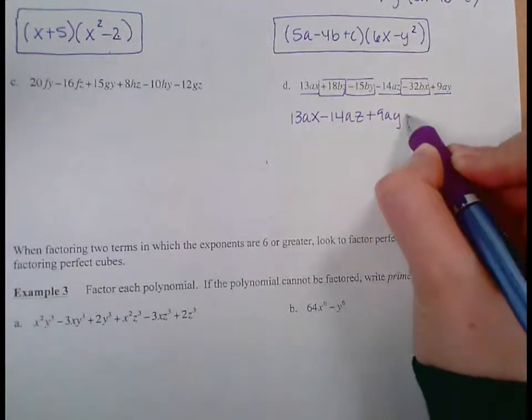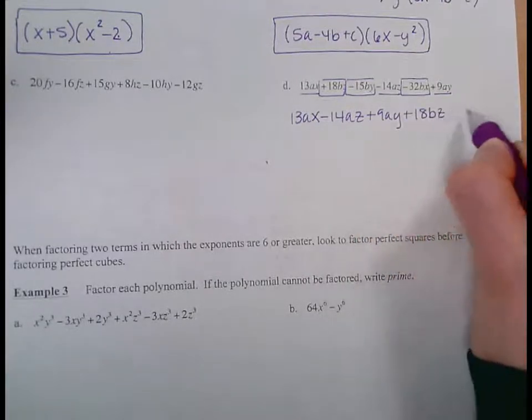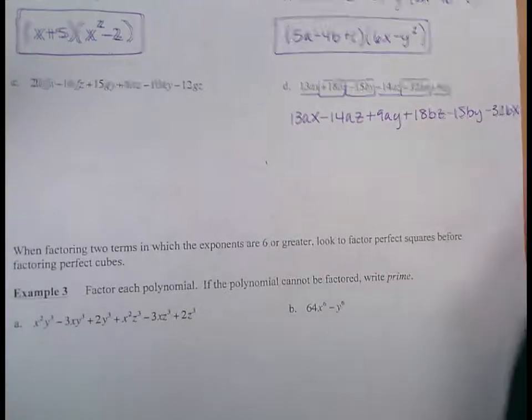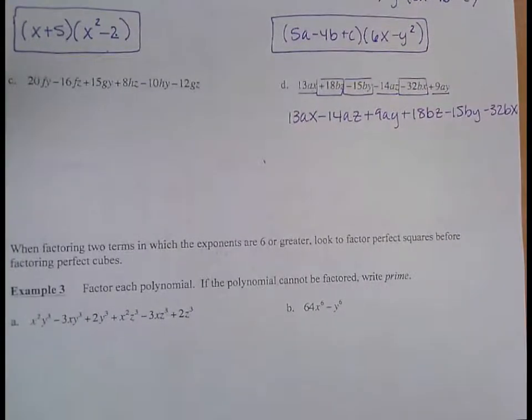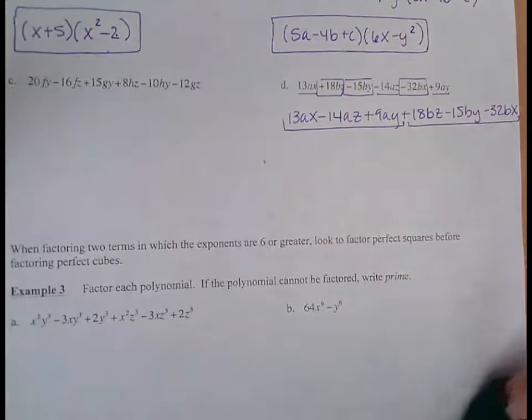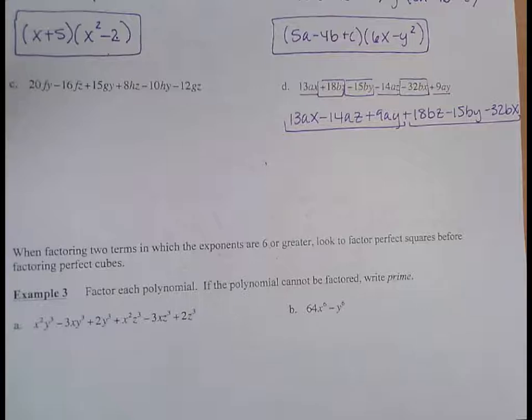And then my B terms plus 18BZ minus 15BY minus 32BX. But then at least I know when I make my 2 groups, my first 3 at least have an A in common, my last 3 at least have a B, so I can try grouping.